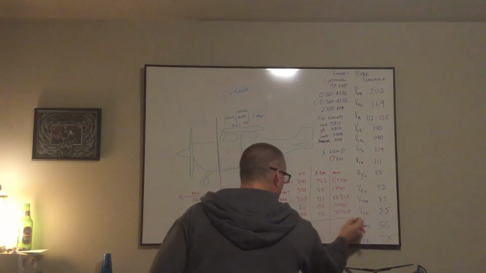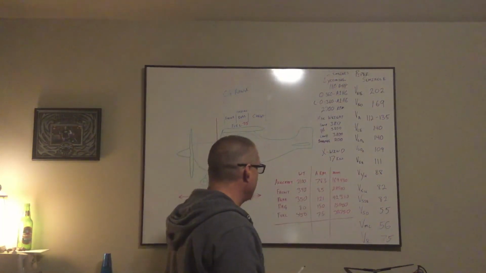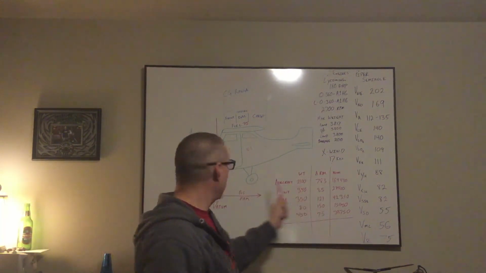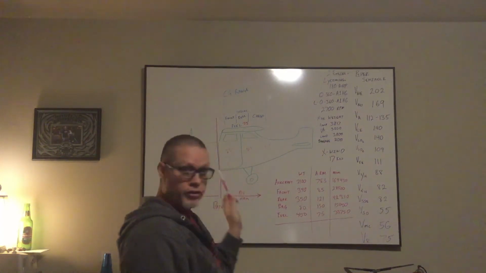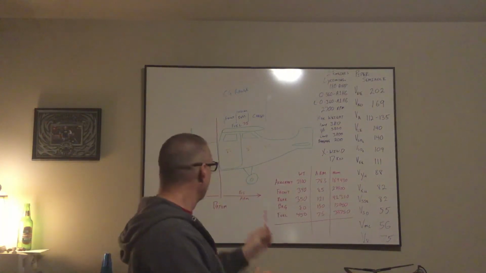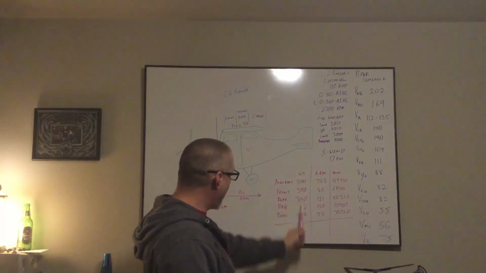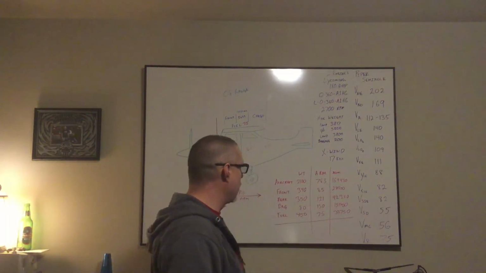All right, so once we get all of these totaled up, to find our new arm, which would be the balance point, like a teeter-totter, that the plane would sit on, we add up this column and we add up this column.